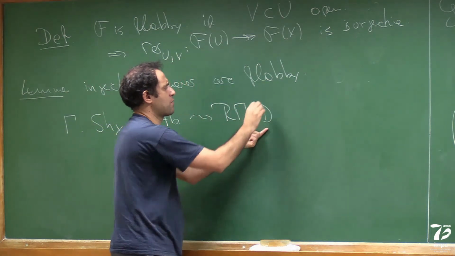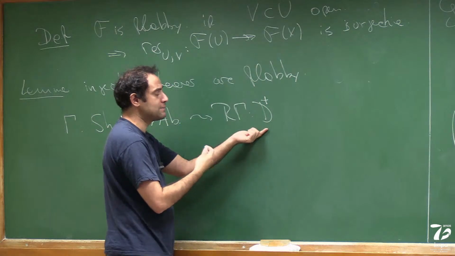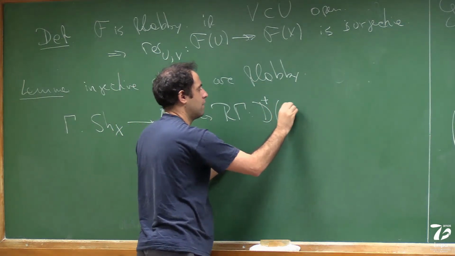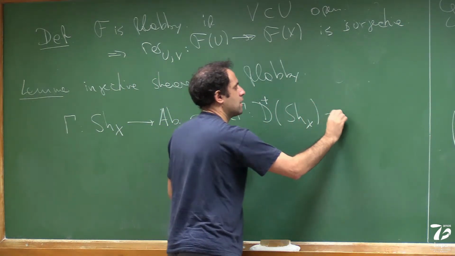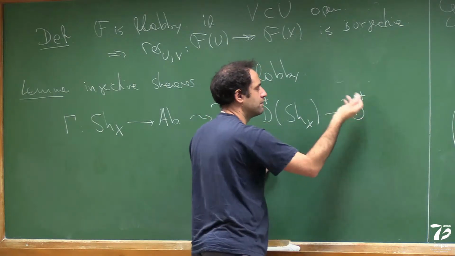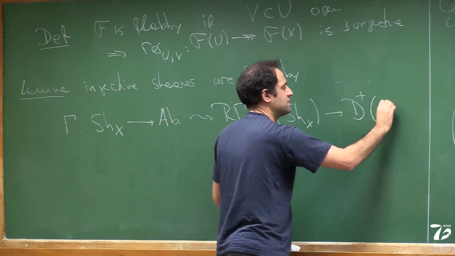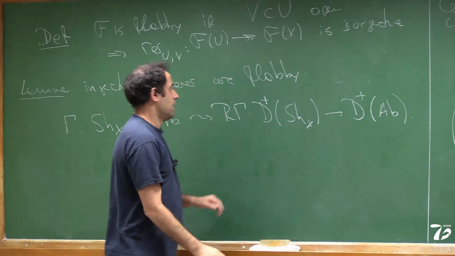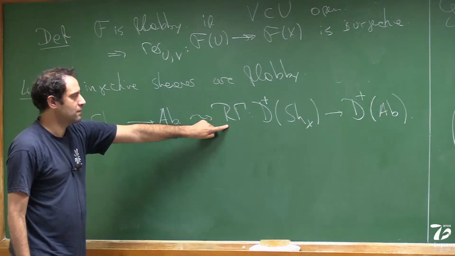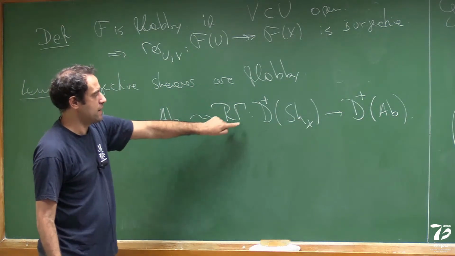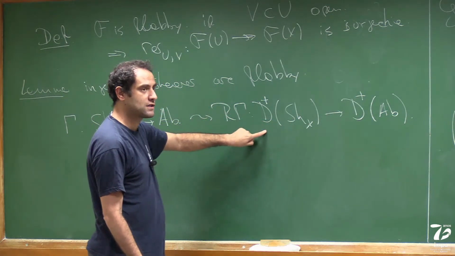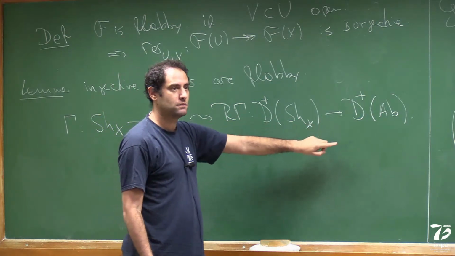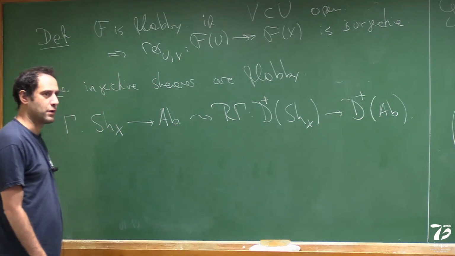Now I'm going to be looking at the bounded below derived category of sheaves on X, and it goes to the bounded below derived category of abelian groups. And the way we apply this, we can compute this guy now: if you give me a sheaf, find an injective resolution of that and apply gamma to that. That was a general theorem that we have.